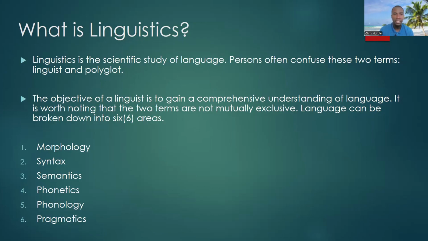I just want to make that clear. This is not limited to English, but because English is my mother tongue, I will use English as my base, all right? I will use the English language to explain these concepts, okay?